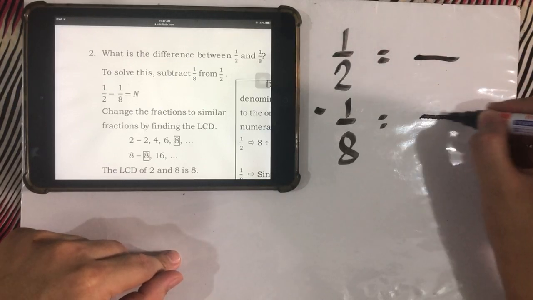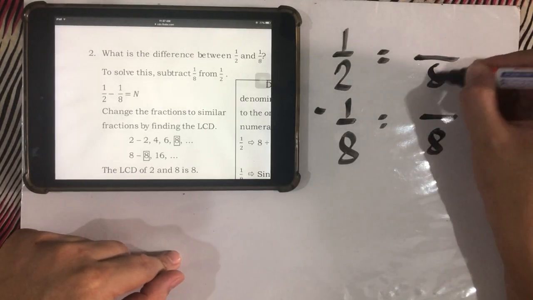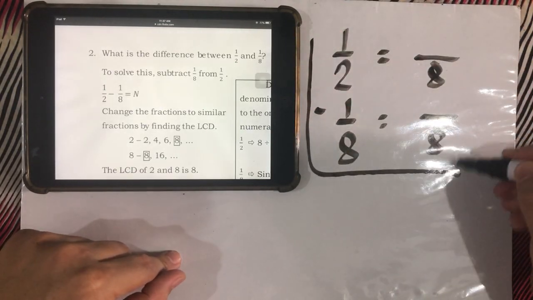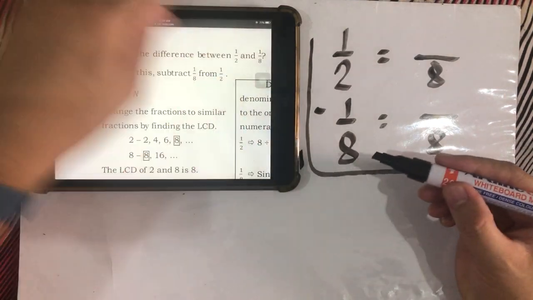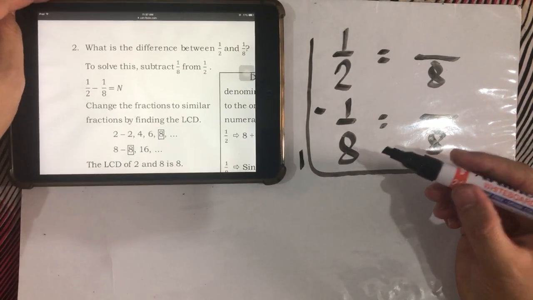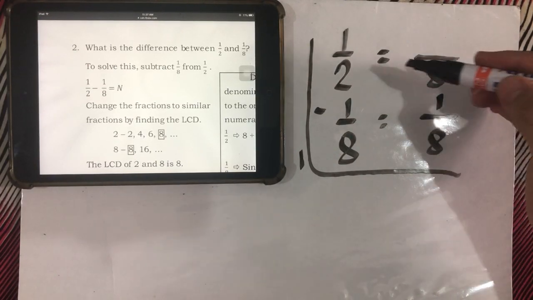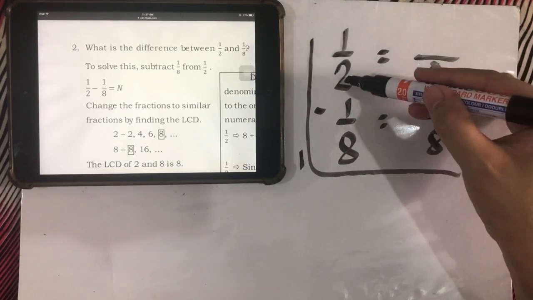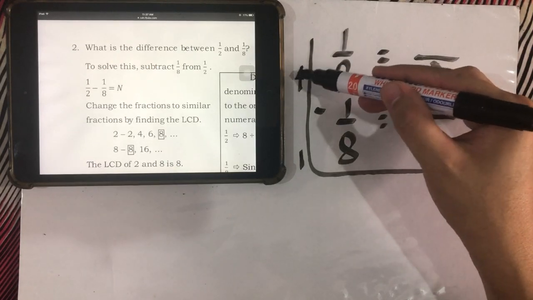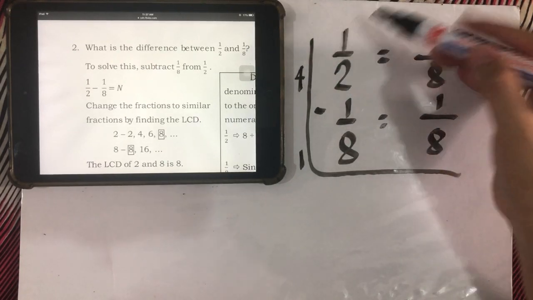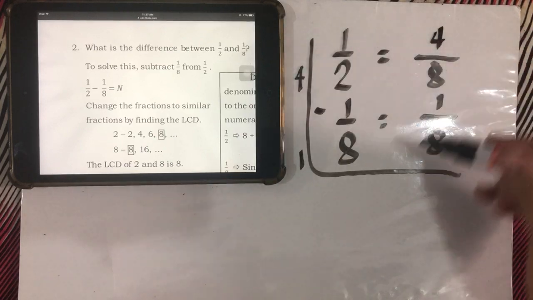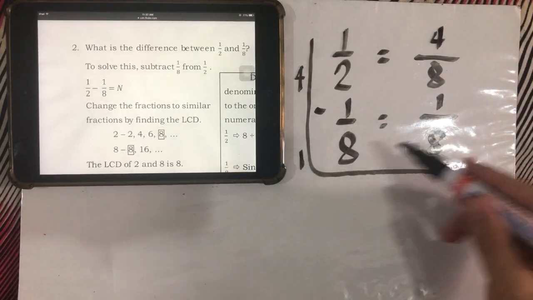Okay, kunin natin ang kanyang LCD. So, ang lumabas na bago LCD ay 8. So, 8, 8. Okay, perform lang. 8 divided by 8, that's 1. Diba? And then 1 times 1, you have here 1. 8 divided by 2, you have 4. 4 times 1, you have here 4. Same na yung kanyang denominator, diba?